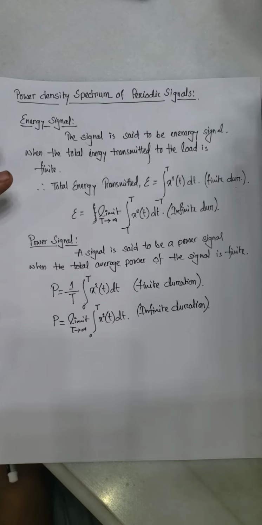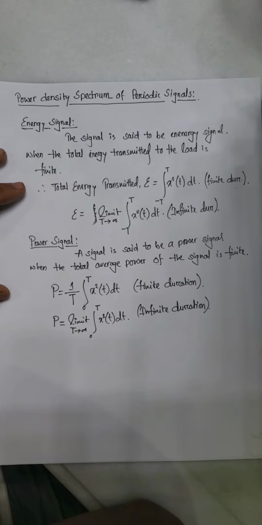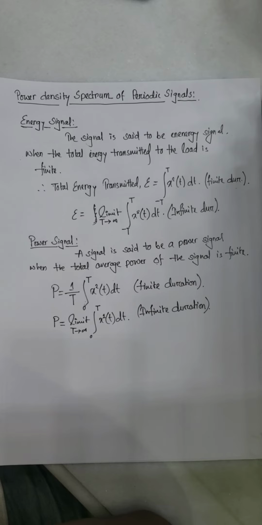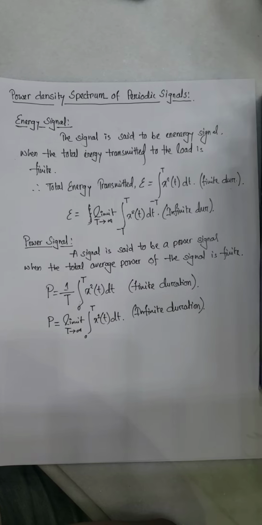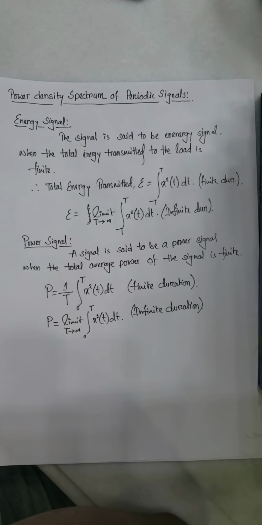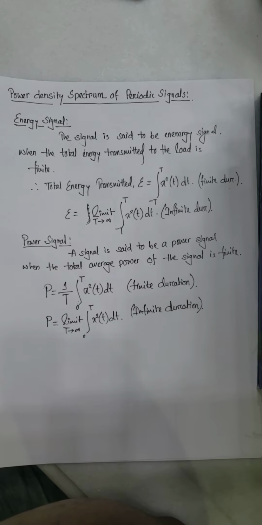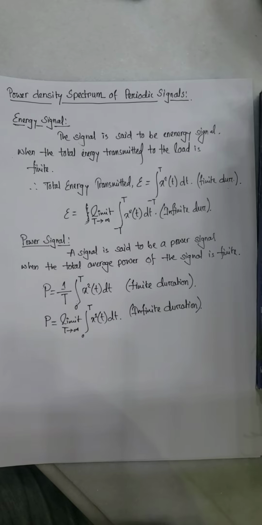Now, upon closer observation, we can come to the term that the energy signal and power signal are two complementary quantities. By this, I mean that if a signal is energy signal, it can never be a power signal, or if the signal is a power signal, it can never be an energy signal. So, to summarize, a signal can never simultaneously be an energy signal and a power signal.